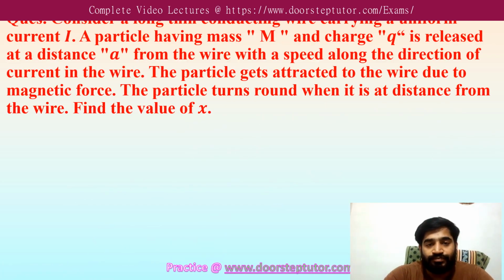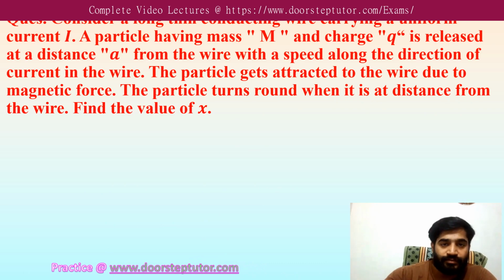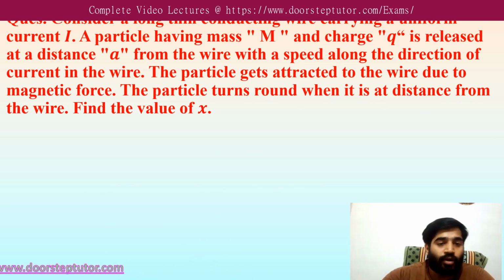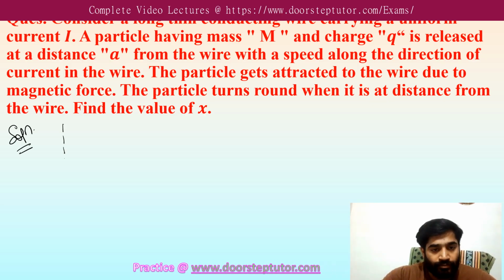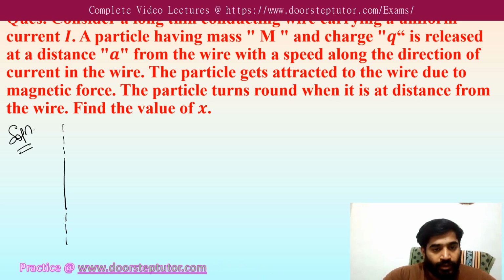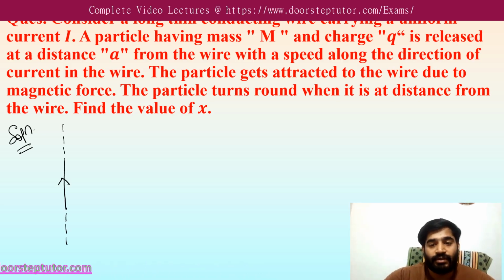In this problem, a current wire is given. First try to understand the problem, then we will see the solution. The situation is like this: you have a long current wire, obviously infinite, and a particle of mass m and charge q is released at a distance a from the wire.